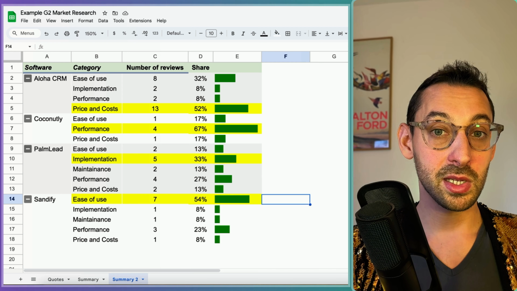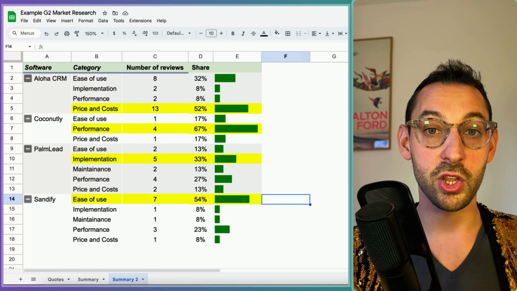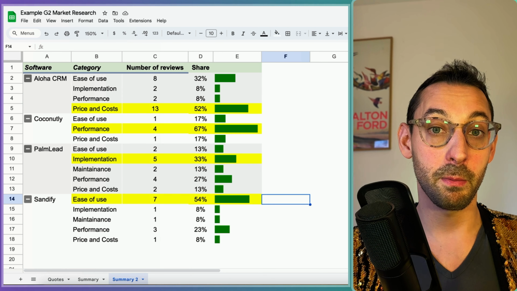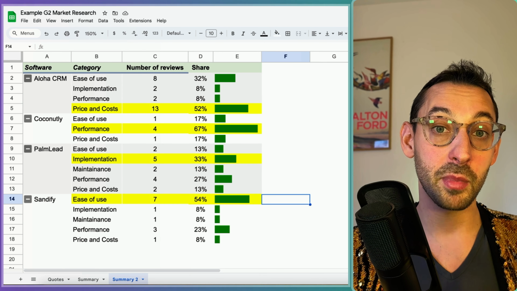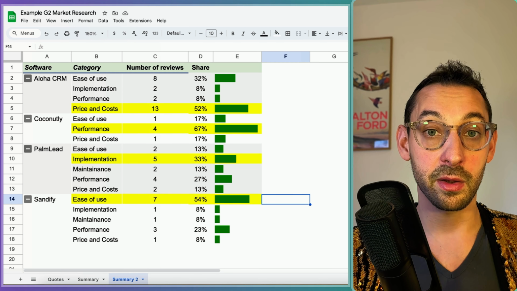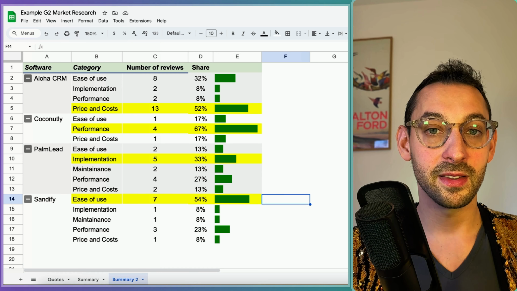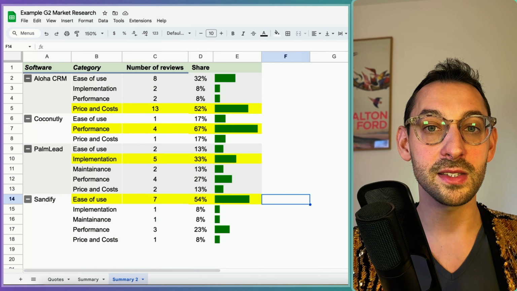You can probably even use it for more strategic work, like understanding which features might require more attention from a product perspective, or how you can differentiate from competitors and even impact your product roadmap. However, that's already a pretty advanced use case.